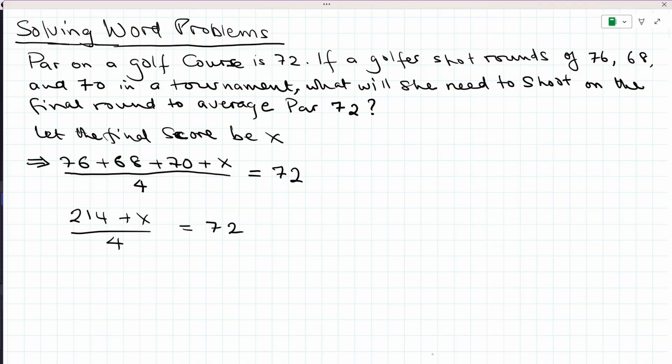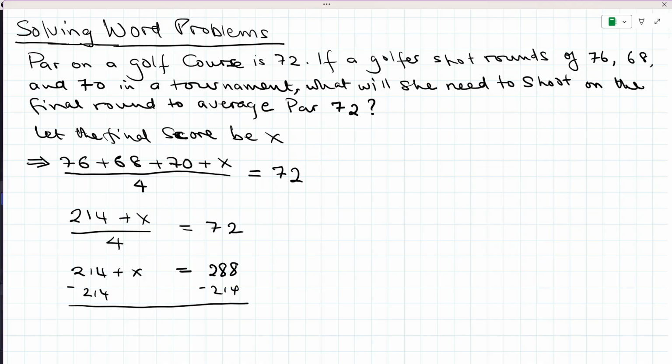So if we multiply both sides by 4, the left-hand side will just remain with 214 plus X, and this will equal 4 times 72, which will be 288. And then next, we'll move on to subtract 214 from both sides.